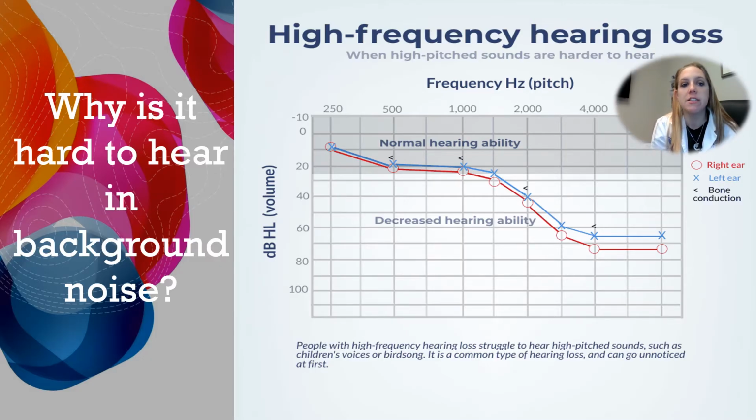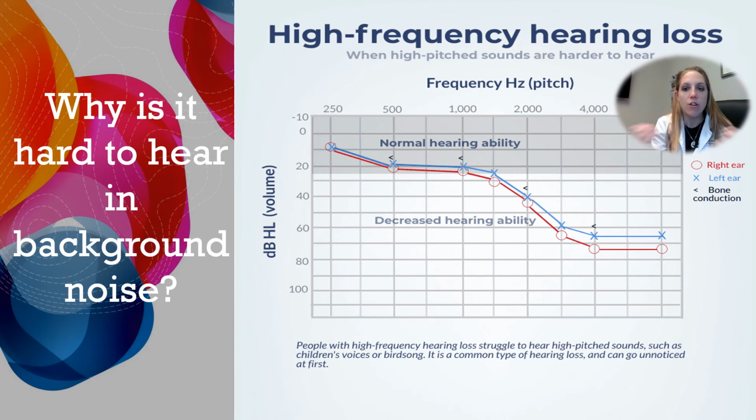So why do you have a difficult time hearing in background noise? As you can see on another audiogram graph, people who can't hear the higher pitches are missing your consonant sounds, like I mentioned. Noise is a low pitch phenomenon. So when patients have a very typical age-related hearing loss, you're going to be able to hear well in the lower pitches, which is also the noise, and you're going to be missing those higher pitches.